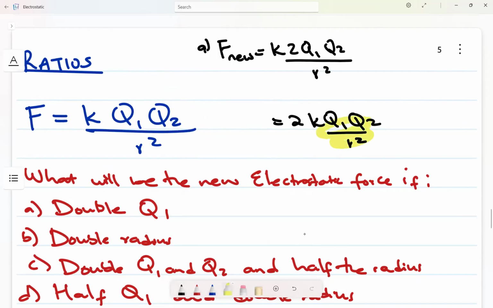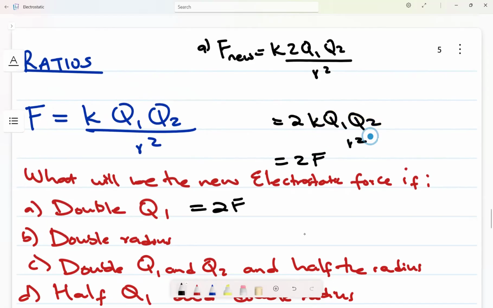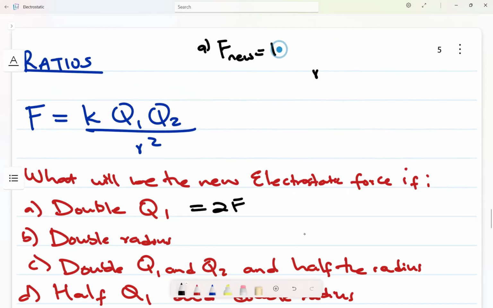But what is this equal to? Every time you see K Q1 Q2 divided by R squared, you substitute that by F. So it means here it will be 2F. So if we double Q1, the new electrostatic force is going to be 2F.